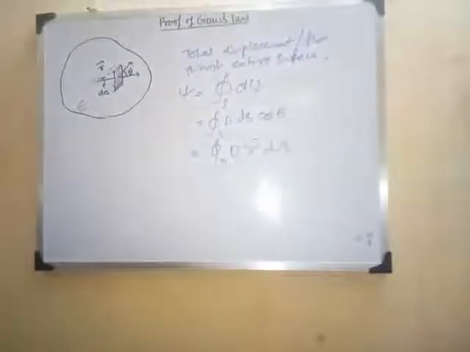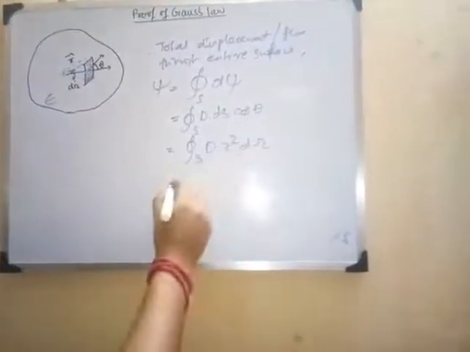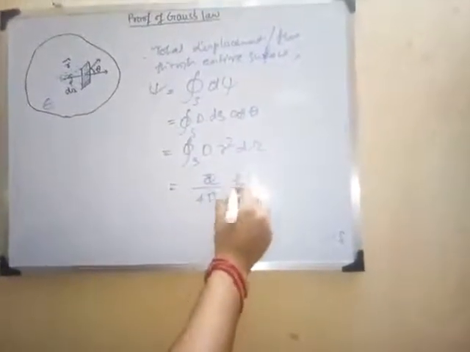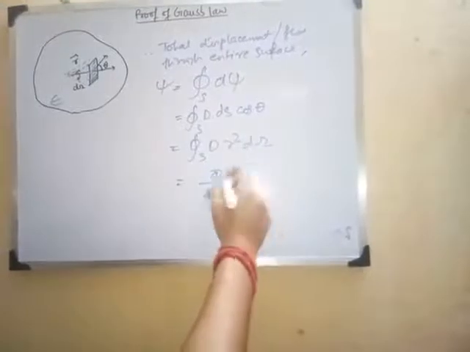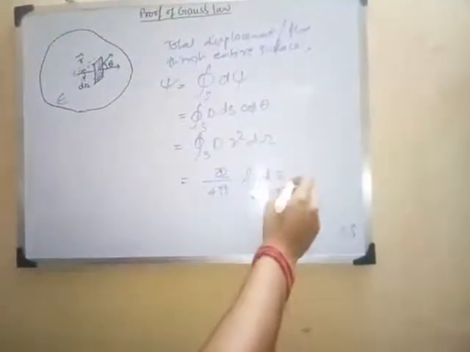We are just putting in the values from the previous equations. So from here we can write q by 4 pi times the closed surface integral of d omega.